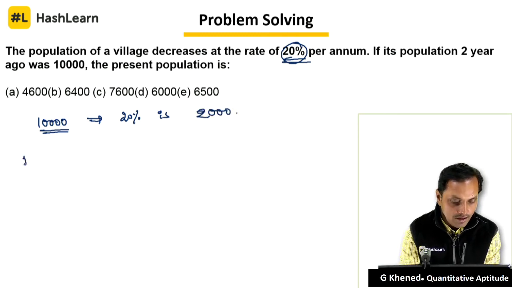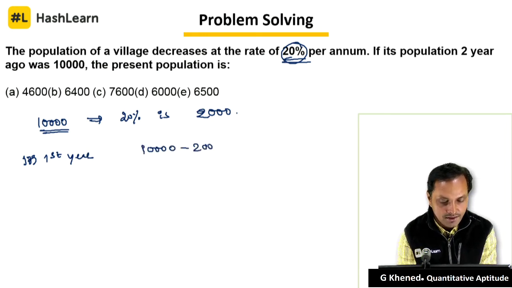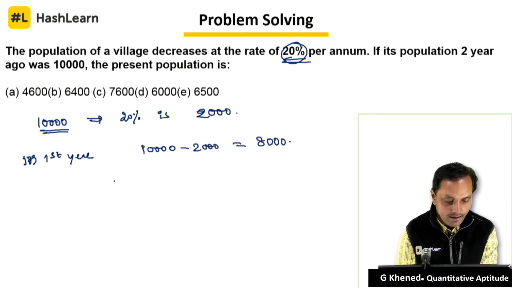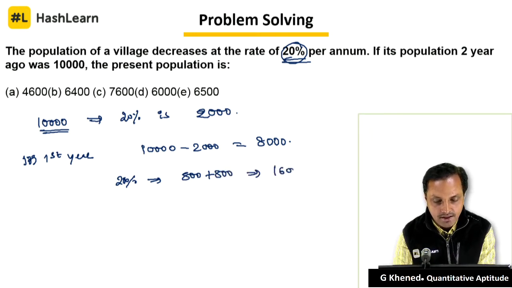So in the first year, 10,000 minus 2000 will give you 8,000. Okay, what is 20%? Again, 800 is 10%, 800 is 10%, that will give you 1600.